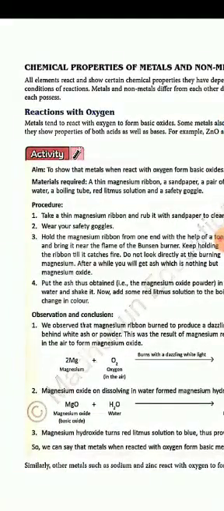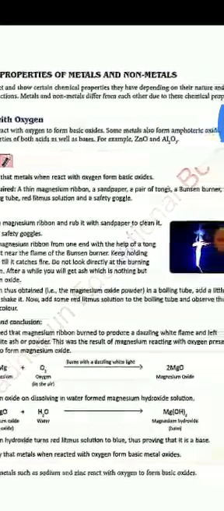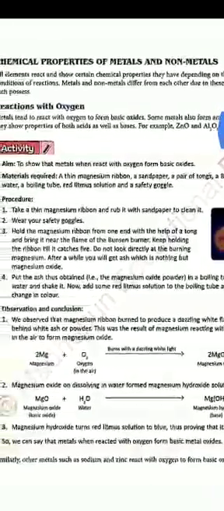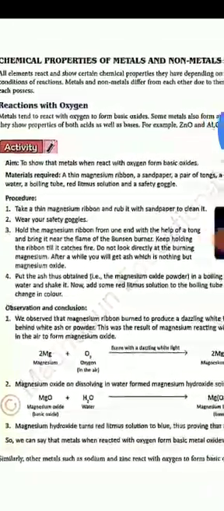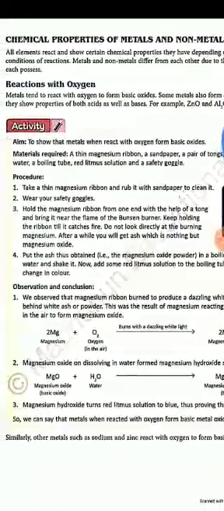Amphoteric oxides means the compounds which show the properties of both acids as well as base. The examples are zinc oxide and aluminum oxide.